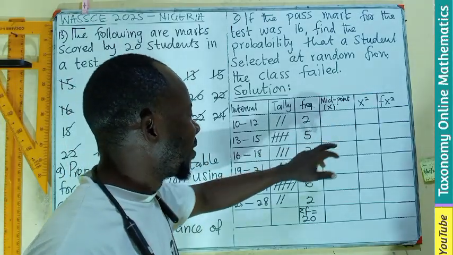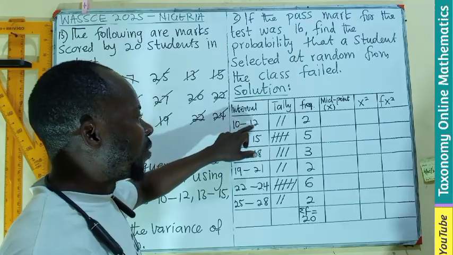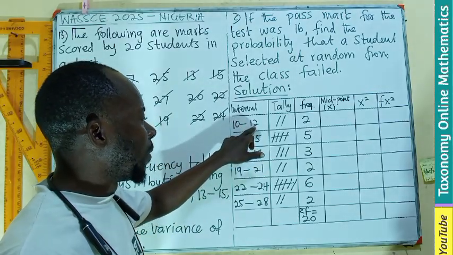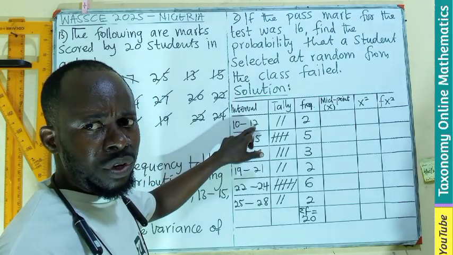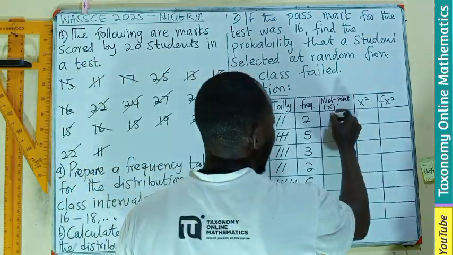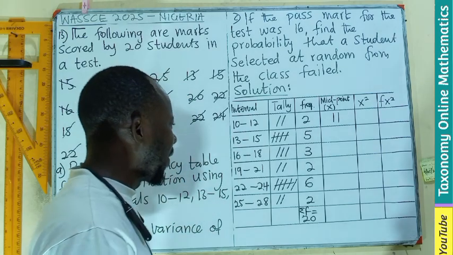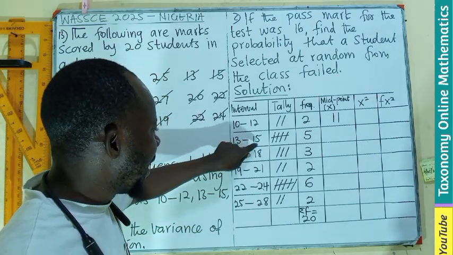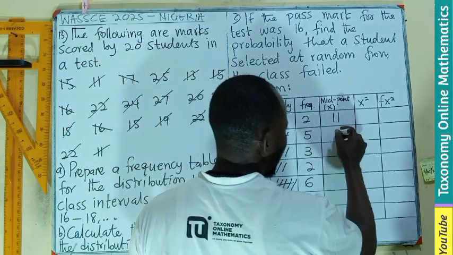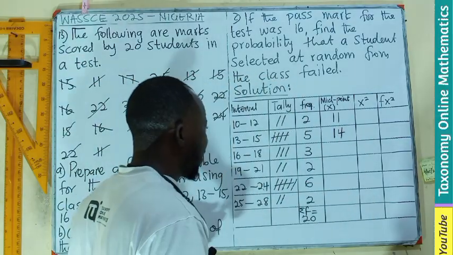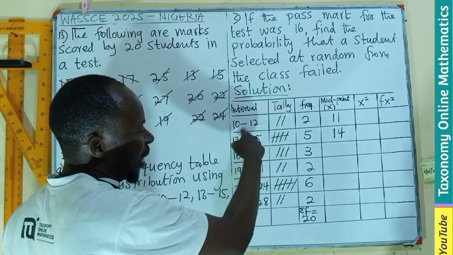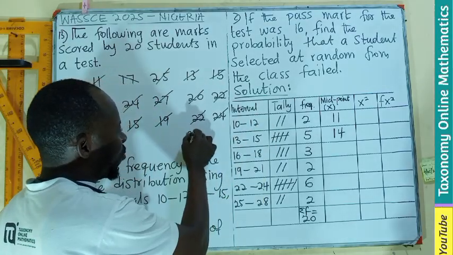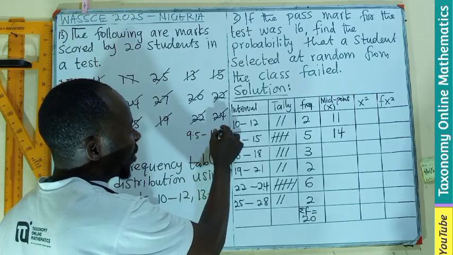Now, the midpoint is the lower limit plus the upper limit divided by 2. This is 22 divided by 2, which will be 11. Then we also have 28 divided by 2, which is 14. The difference between these is 1, half of that is 0.5, so the class boundaries are 9.5 to 12.5.